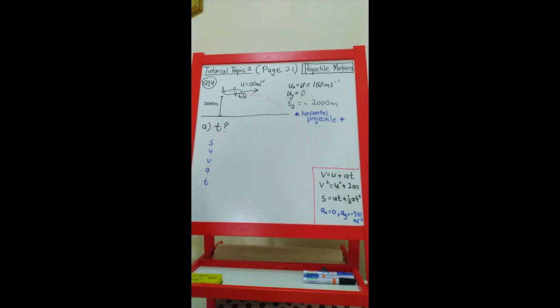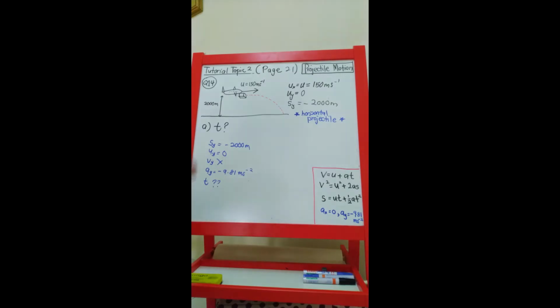That's how you determine which component you're going to use. So sy we have negative 2000, uy we have 0, vy we don't have information regarding that, ay will always equal 9.81, and the time is what we're going to find here.